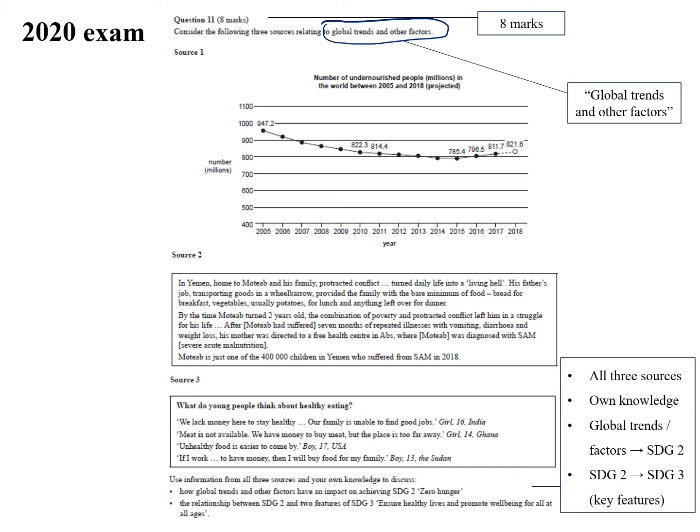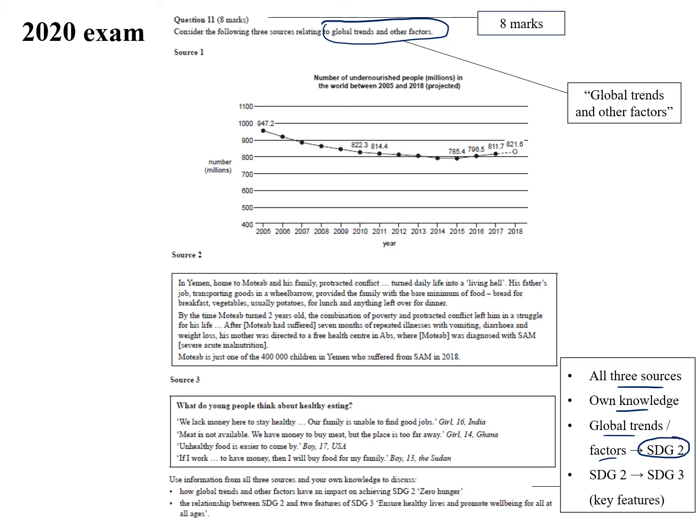So the question is asking, okay, I need to use information from all 3 sources. I need to access my own knowledge. It has said that in the question. So I'm going to have to think about things that aren't just written here that I know. It's asking me about global trends and factors in relation to SDG 2. So I need to be thinking about SDG 2, zero hunger, as I'm reading these.